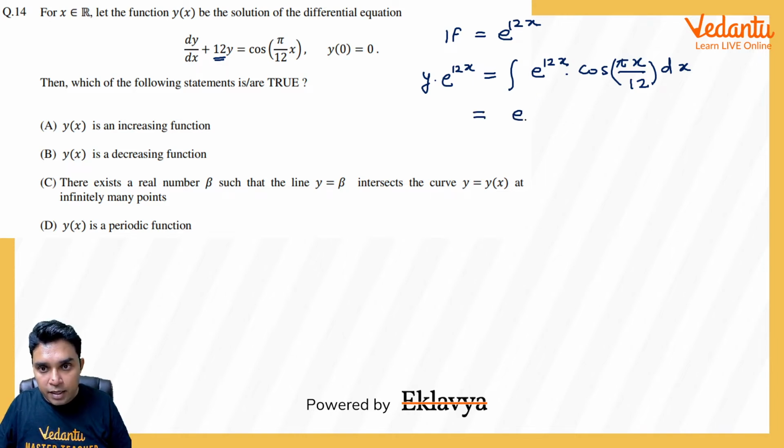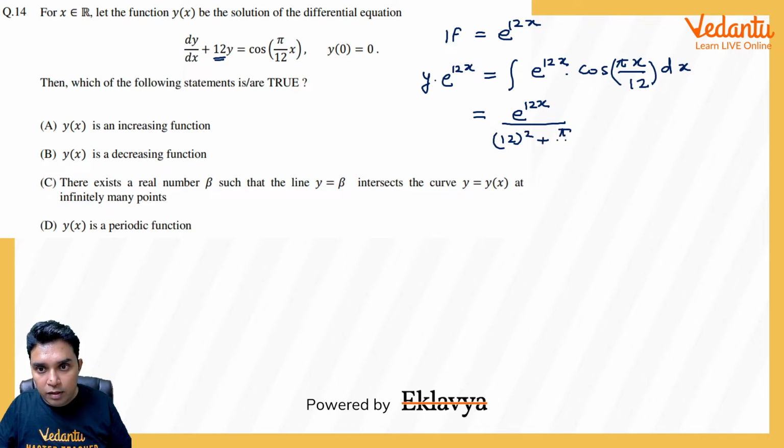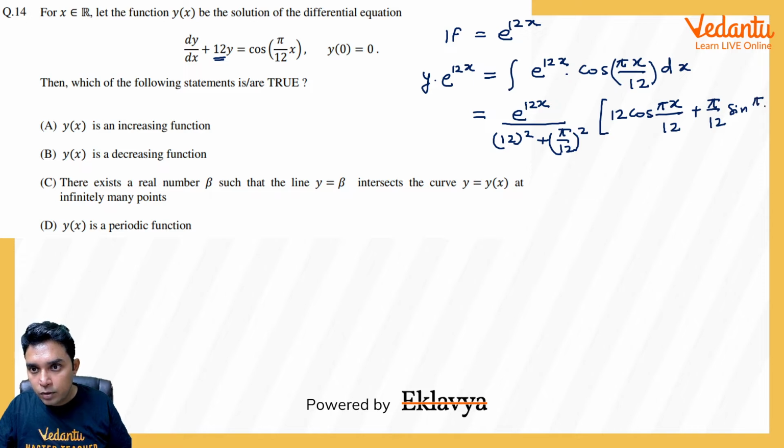It is actually e raised to the power 12x upon 12 square plus pi upon 12 square, where 12 is the coefficient of x, and in the bracket it would be 12 into cos of pi x upon 12 plus pi upon 12 into sine pi upon 12x.